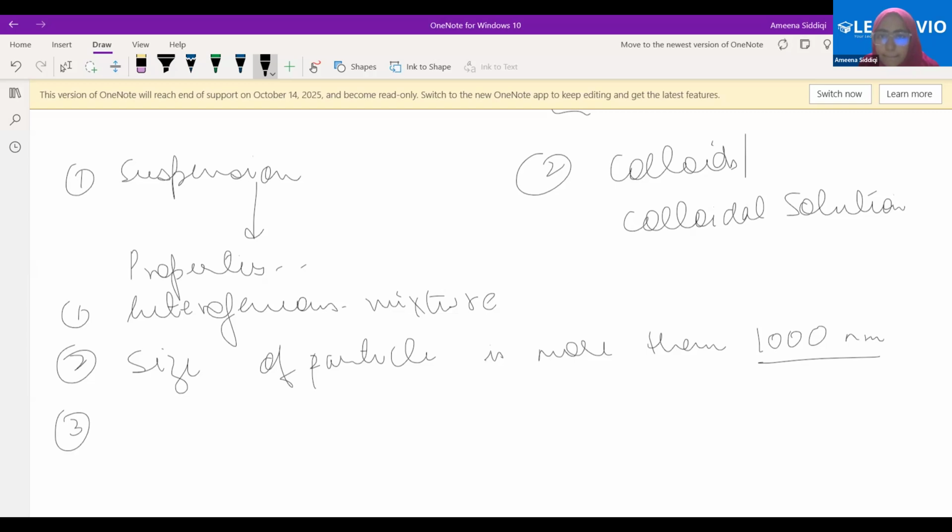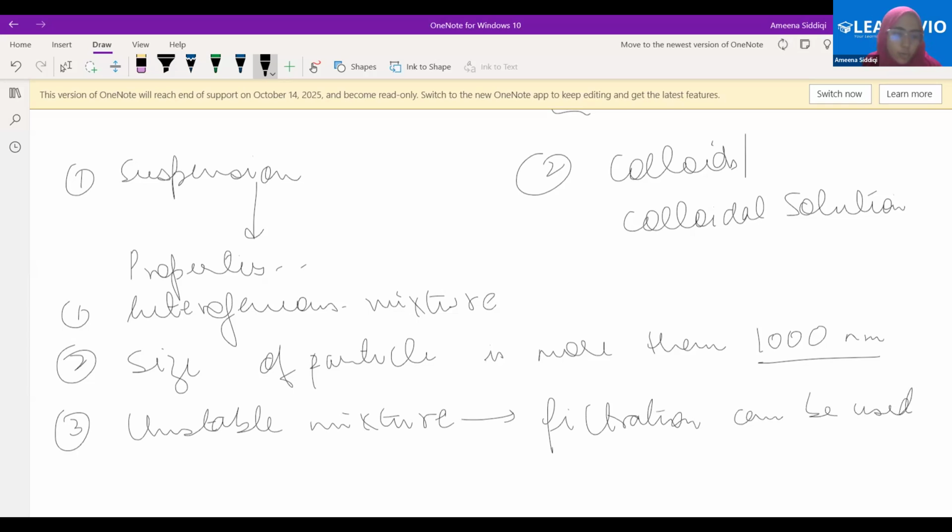Unstable. It's an unstable mixture. And if it's an unstable mixture, can we use filtration here? Yes, we can use filtration. Filtration possible. Good. Clear?